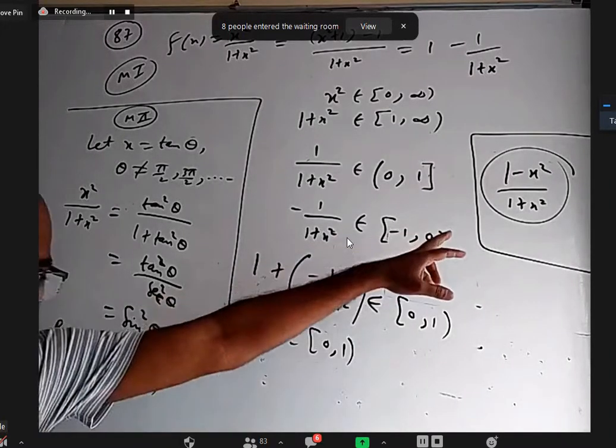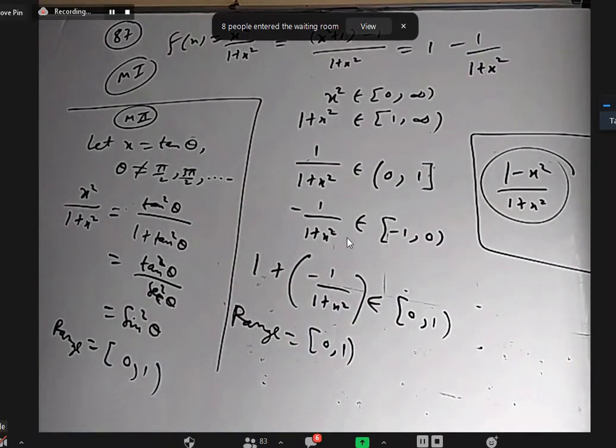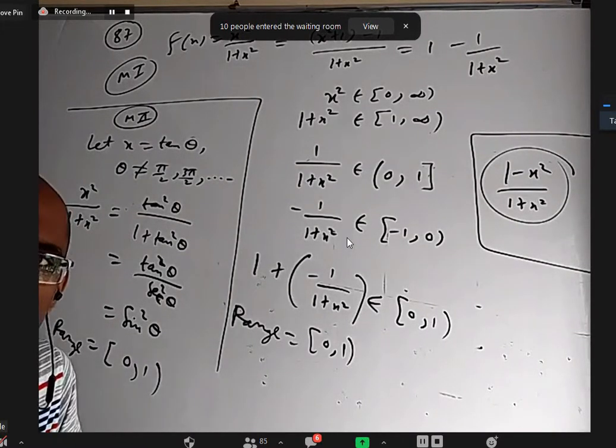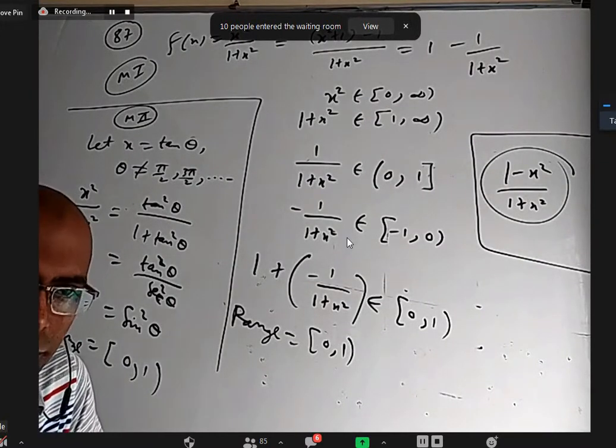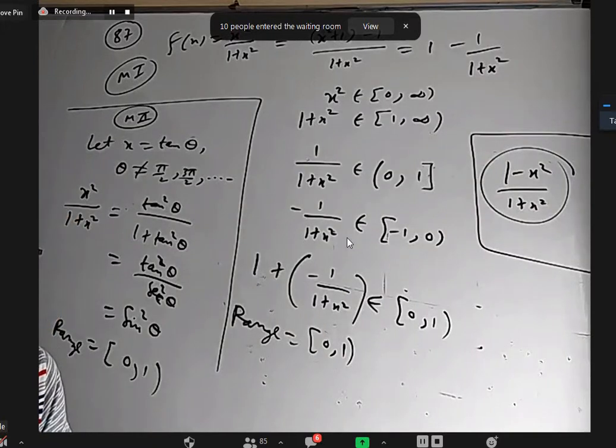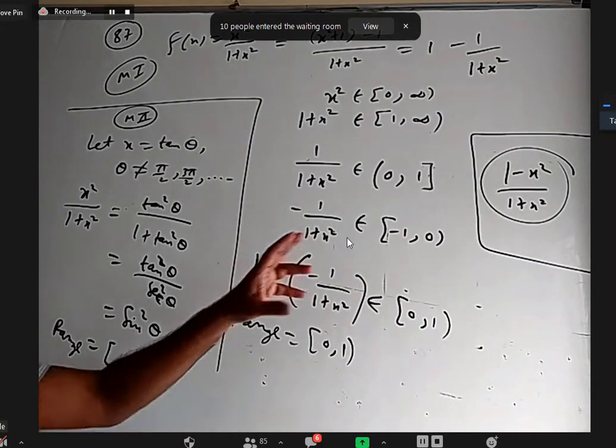If you take x equal tan theta there, what happens? 1 minus tan square theta by 1 plus tan square theta. What is that? Cos 2 theta. Cos 2 theta, what will the range be? Minus 1 to 1, closed interval. In that, I think minus 1 should be open because of that angle 90 degrees we should not take, right? I'm just giving a hint.